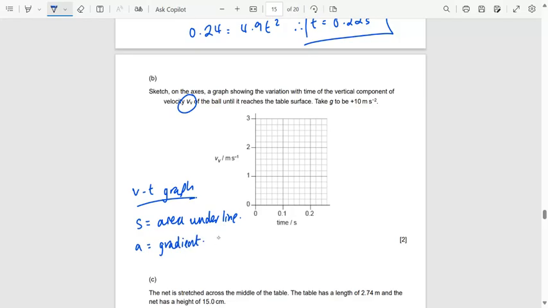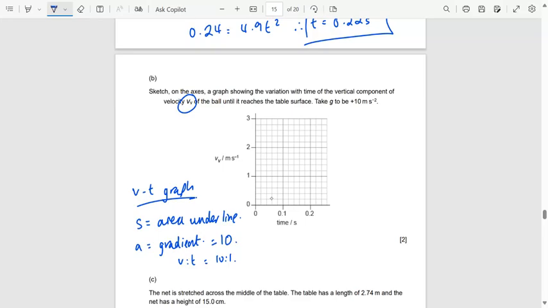Now we're given the gradient to be 10. So I am looking at a gradient of 10. In other words, a 10 to 1 ratio. So v to t is 10 to 1. So I know I'm going to have a gradient of 10.